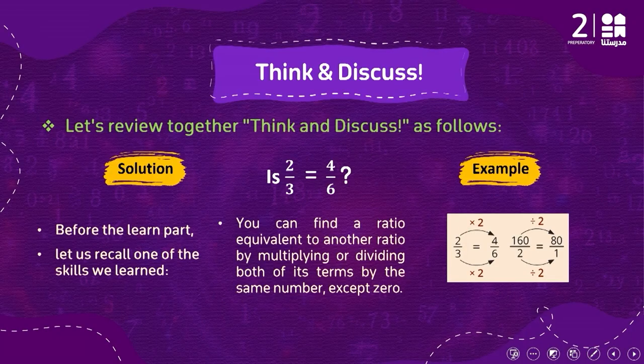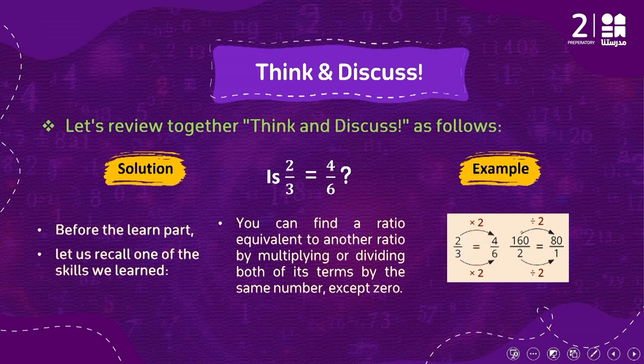Sometimes we know that we can use a ratio to find another ratio. So for example, 2 over 3 is a fraction, and we also call it a ratio. You can multiply both numbers here by 2 to find it's 4 over 6. And you can also divide.